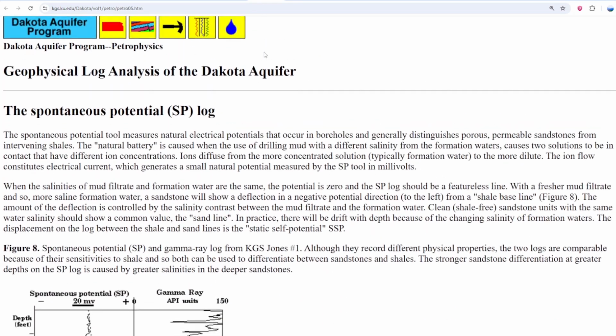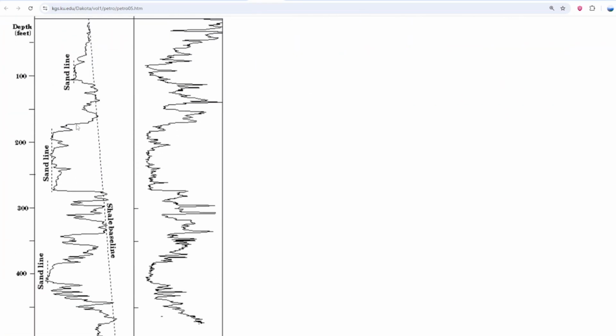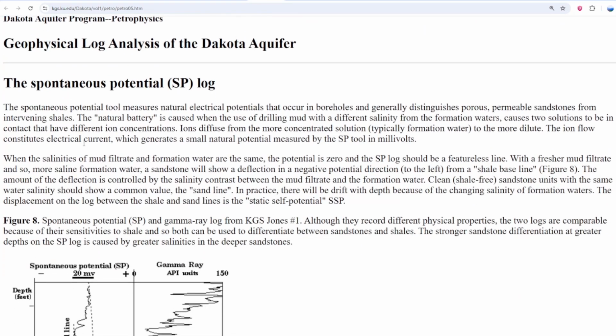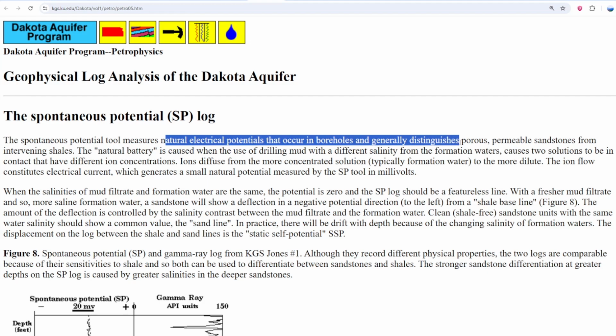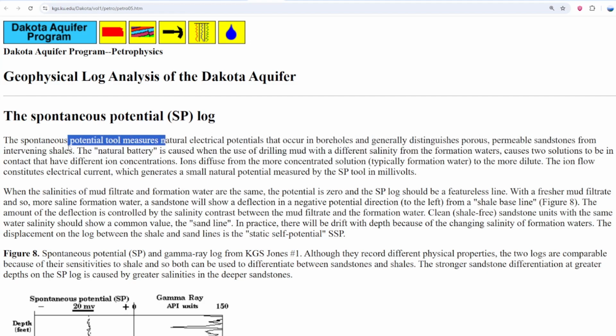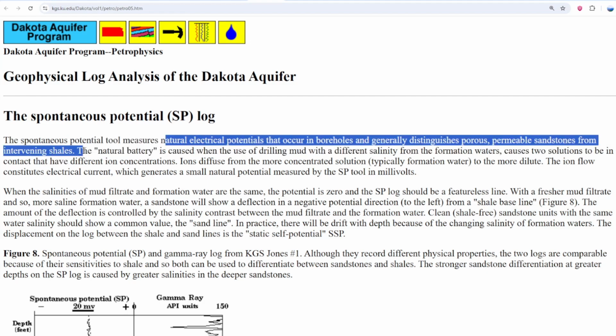So this is a nice graph. The spontaneous potential log measures natural electrical potentials that occur in boreholes and generally distinguishes porous permeable sandstone from intervening shales.